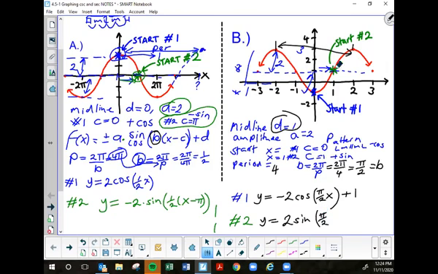And this time there is a horizontal shift, so I have to have that factored out. X minus, and we're subtracting because we are moving right. We're moving right by 1. Close both sets of parentheses, then put on your midline value at the end, up 1. Okay.